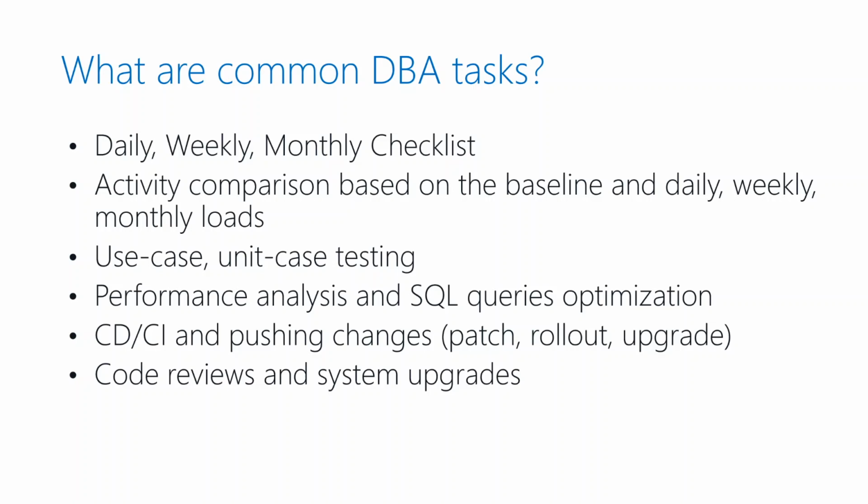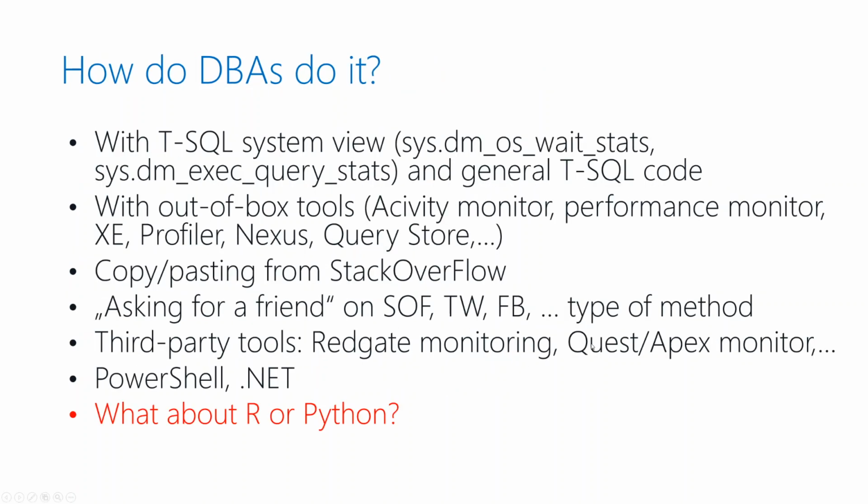They also do use case or unit case testing, and they need to do some performance analysis and SQL Server optimization. There are a lot of tools available for these, but you can also go a step further and start using advanced statistics or machine learning.